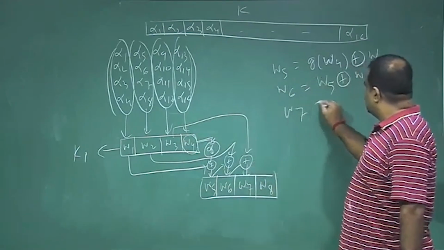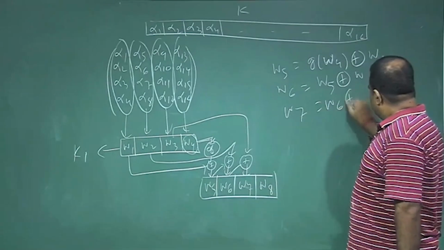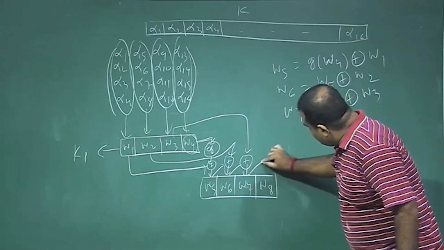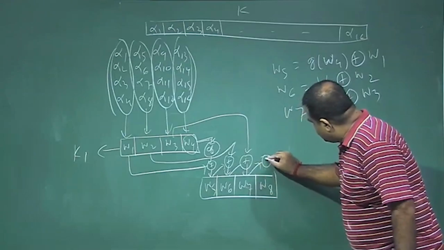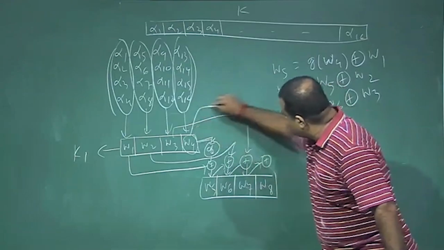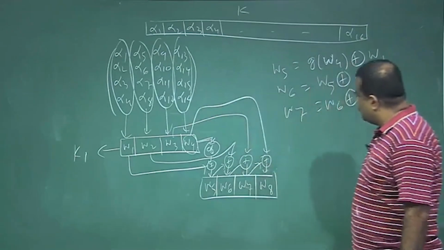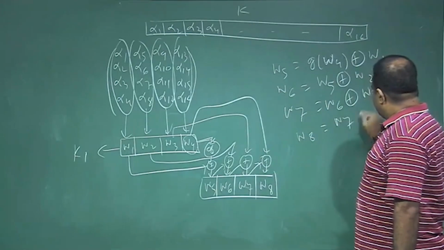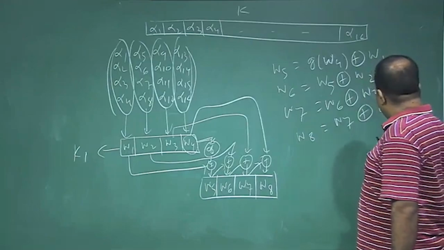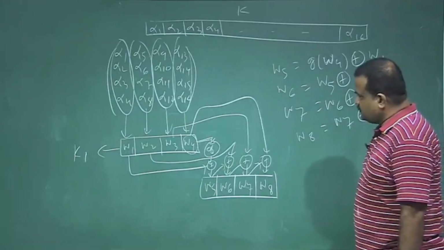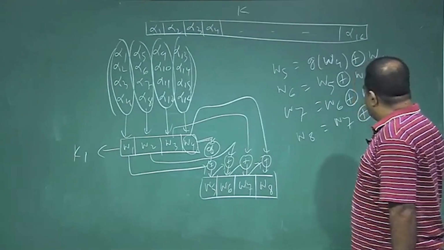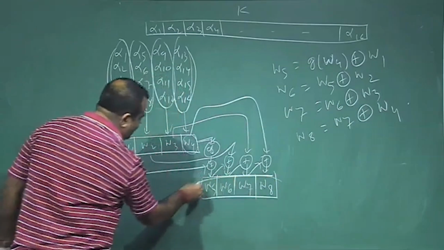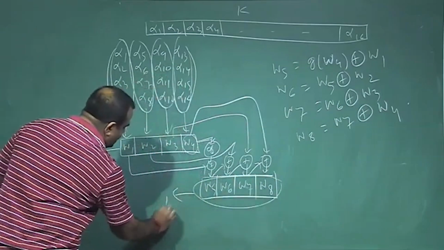So, W7 is W6 XOR W3, and similarly we XOR W7 with W4 and get W8. So, W8 is W7 XOR W4. This is the way we calculate these W's, and once we get W5 to W8, this is our K2.